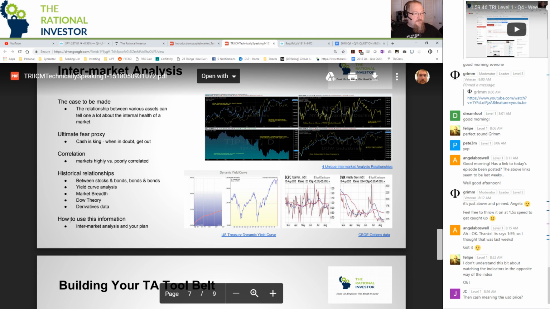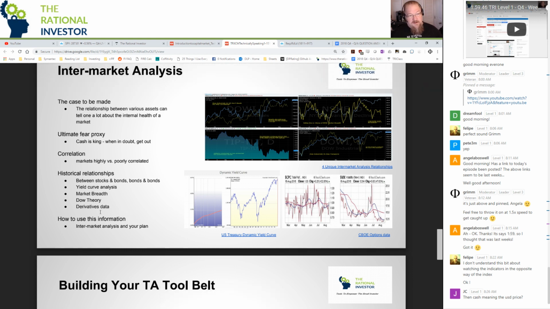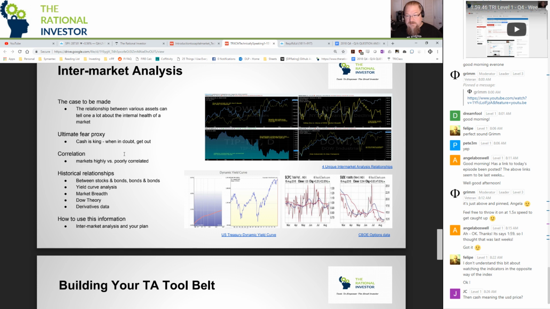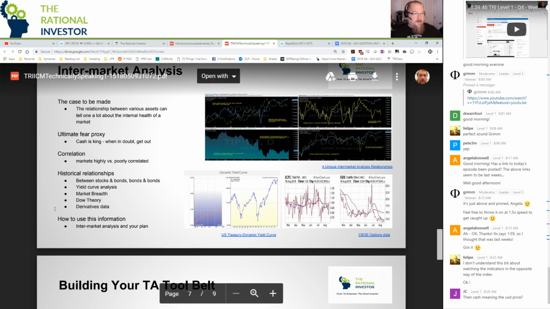So there are some historical relationships that the market, frankly, looks to quite a bit. Stocks versus bonds, right? Equities versus commodities. That's where we're talking about the fear Dow Gold index comparison. That's Dow theory, right?